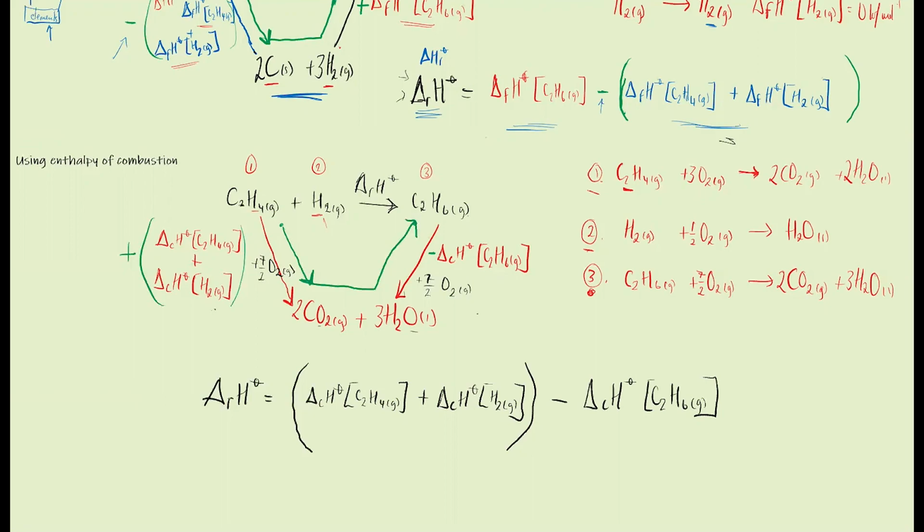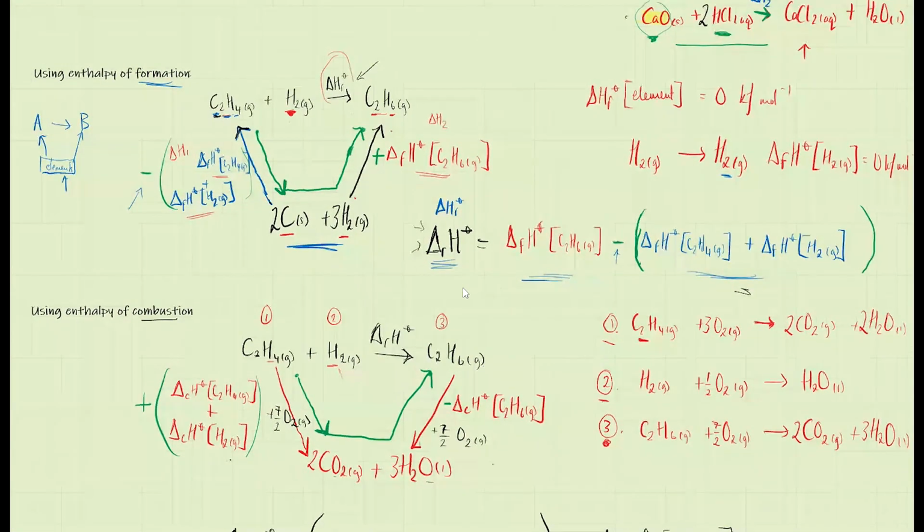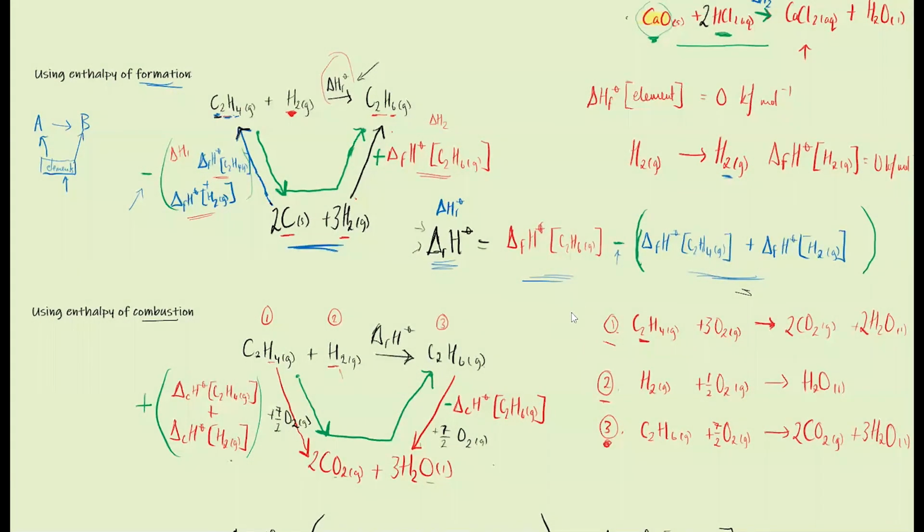Right, and that, as long as you have the values for each of these, which you can get from a data booklet, means you can calculate the enthalpy of reaction for the reduction of ethene via combustion, or, as we've mentioned, you can calculate the same enthalpy using formations.